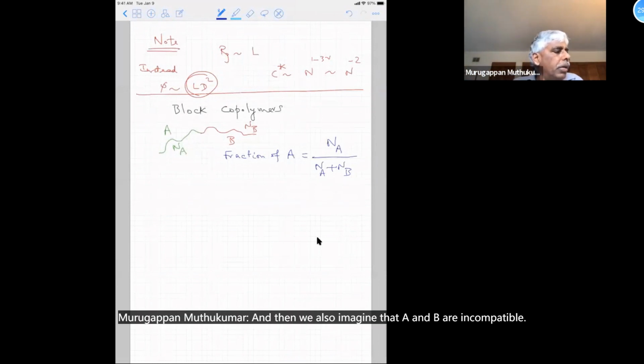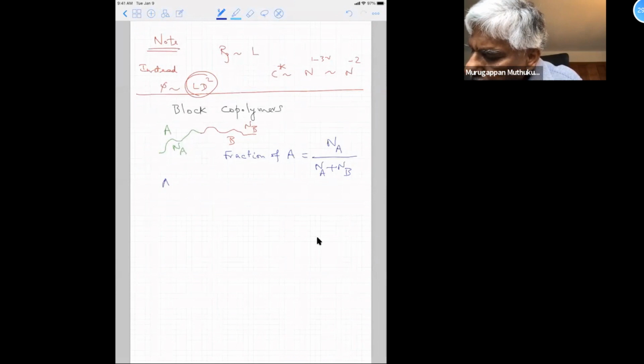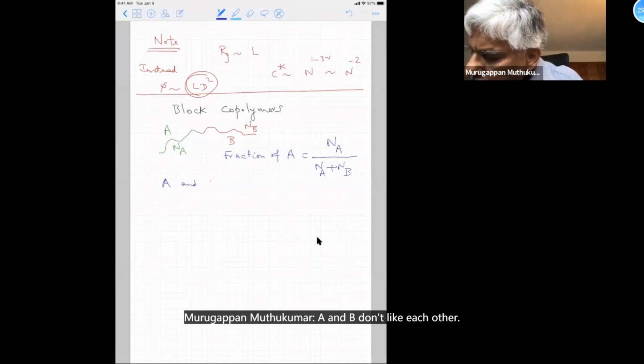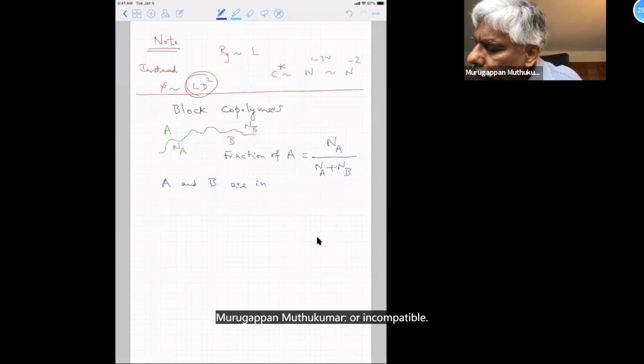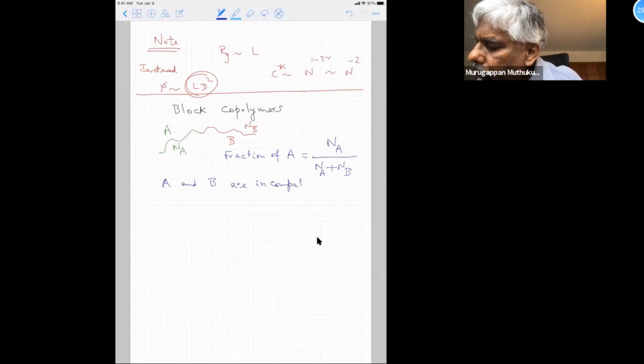And let me also imagine that A and B are incompatible. A and B don't like each other.